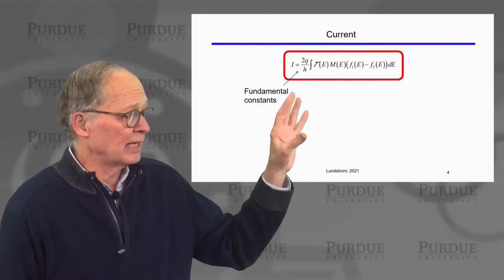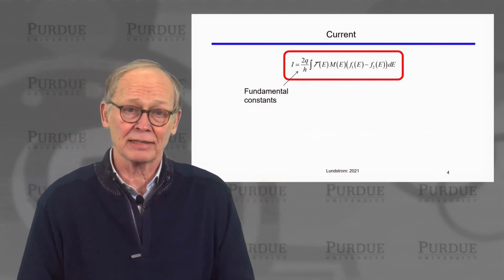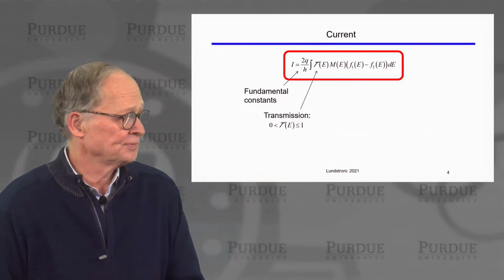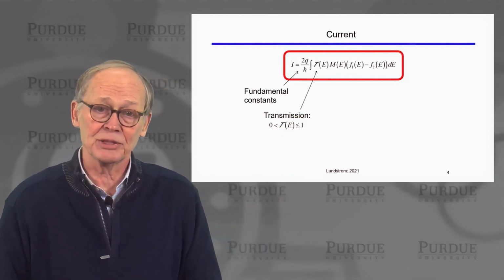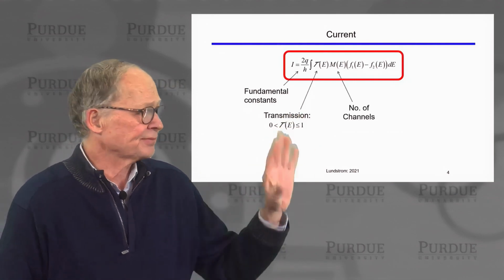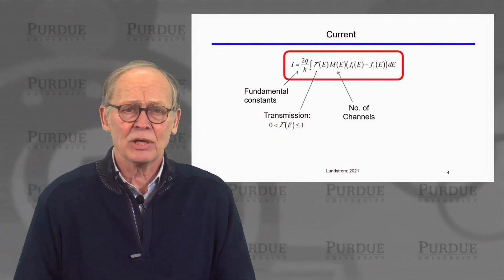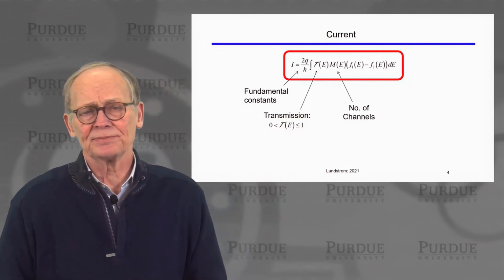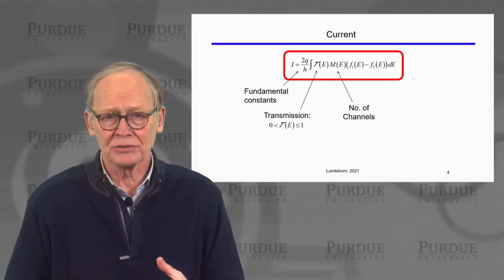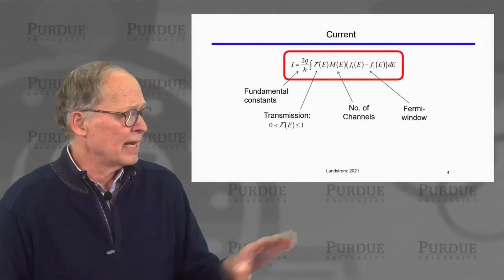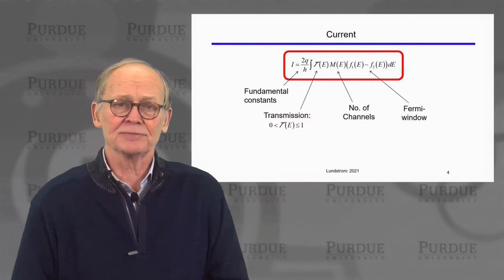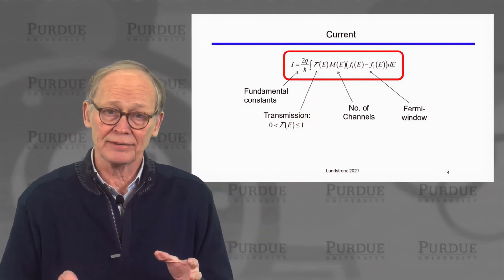There are some fundamental constants out front, charge on an electron and Planck's constant. There's a quantity called the transmission, which is simply a number between 0 and 1. There is a quantity M of E, which we will call the number of channels, or also called the number of modes at an energy E. And then there are the Fermi functions of the two contacts.